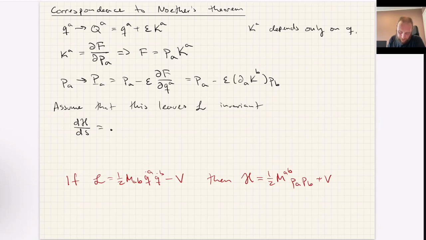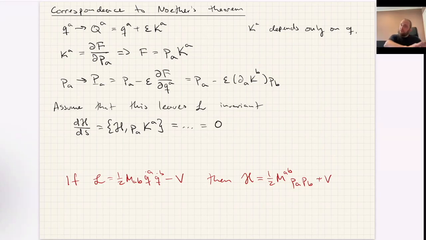And this computation, I don't have the time to go into the detail. You can find the computation in the lecture notes. But let me just write out that this is equal to, of course, the Poisson bracket of H and f, so p_A K^A. If you follow through with this computation, requiring that these K^A are the components of this Killing vector field that we saw before the break, if that is a symmetry on the Lagrange side, you're going to get 0 here as well.